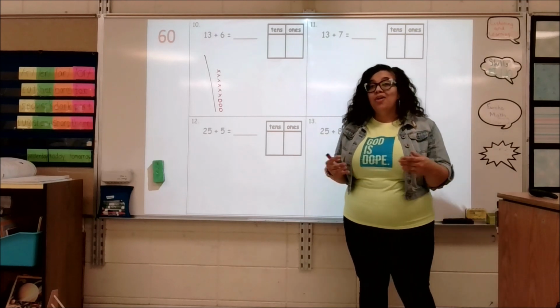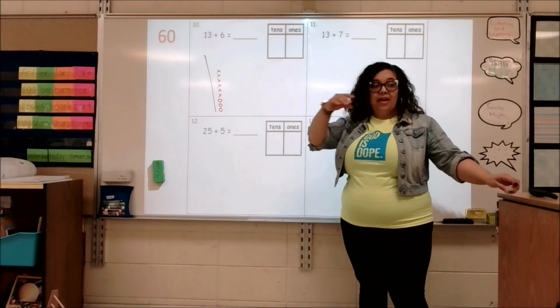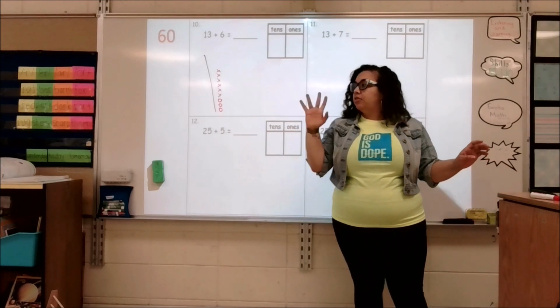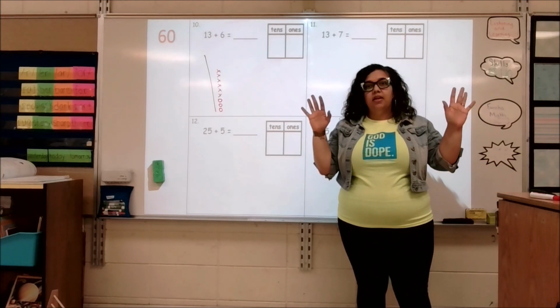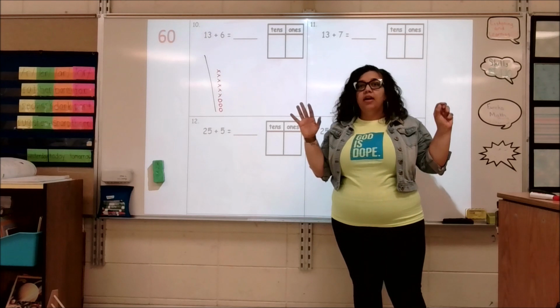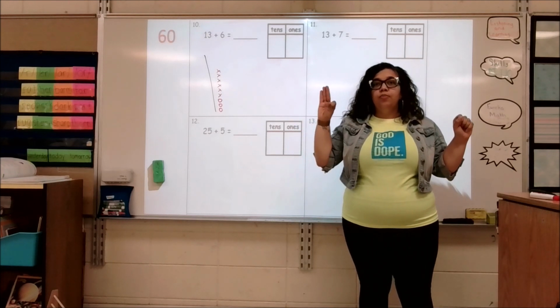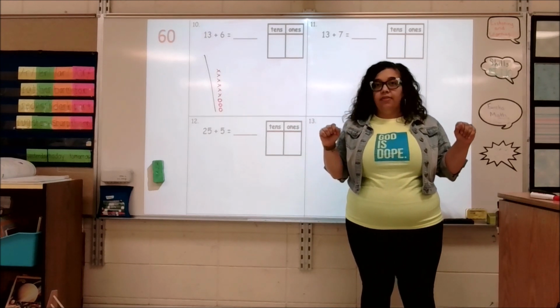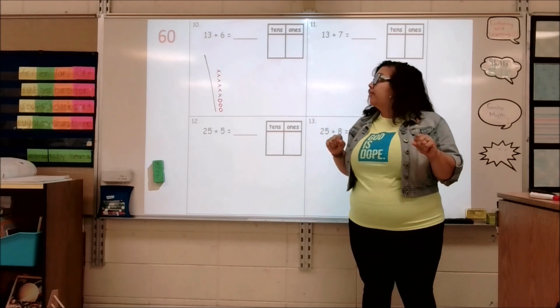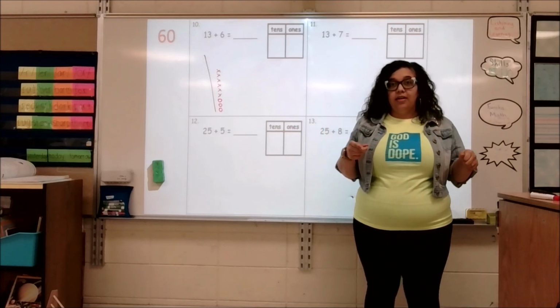Correct, I should add the ones because I don't have enough ones to make a group of 10. Look, 1, 2, 3, 4, 5, 6, 7, 8, 9. There's 9 of them. Not to mention, 13 isn't close enough to make the next group of 10, okay?